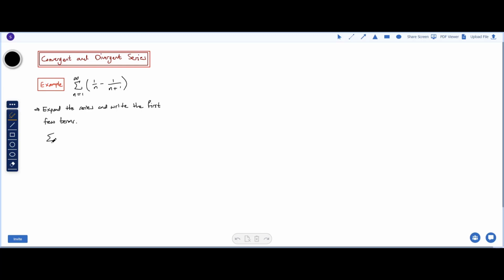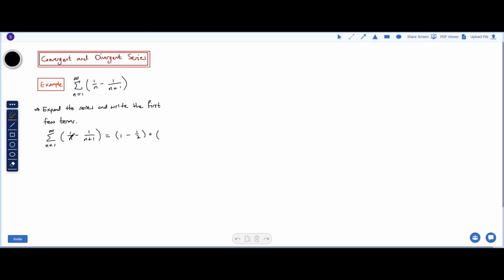We're going to say the sum from n equals 1 to infinity of 1 over n minus 1 over n plus 1 is equal to, well, when n is equal to 1, you end up getting 1 minus a half. We have 1 over 1 minus 1 over 2.